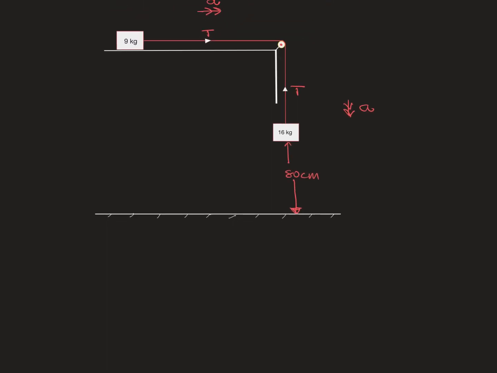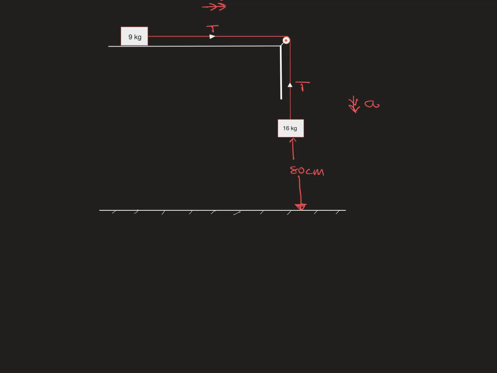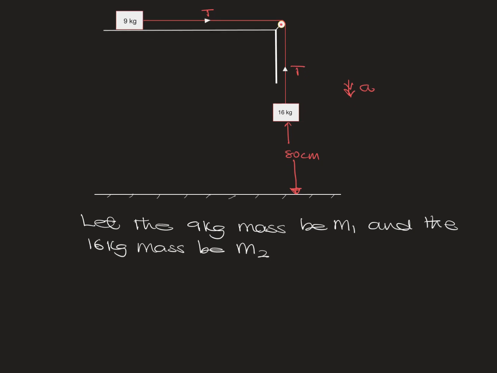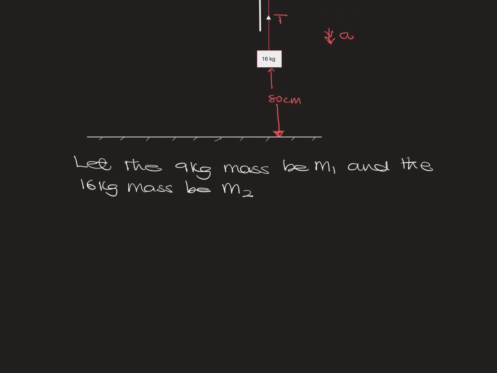What we can do as of now is to let the 9 kilogram mass be M1 and the 16 kilogram mass be M2. Now, to derive the equation for them, for the 9 kilogram mass, which is M1, tension is equal to mass times acceleration.